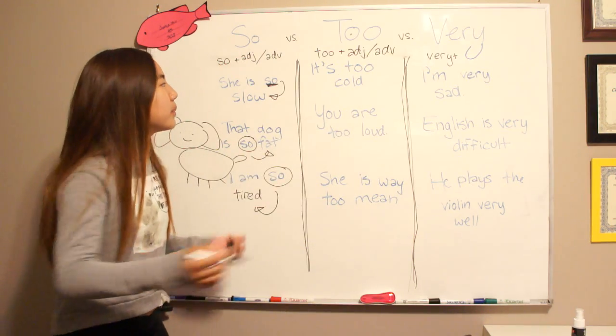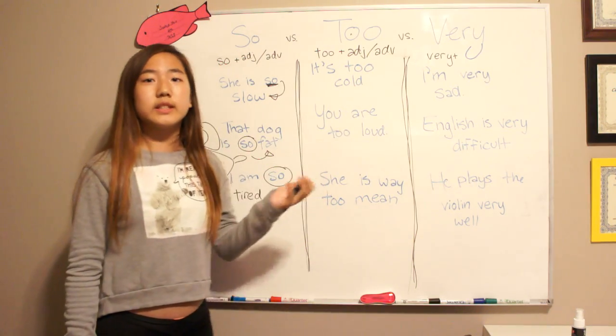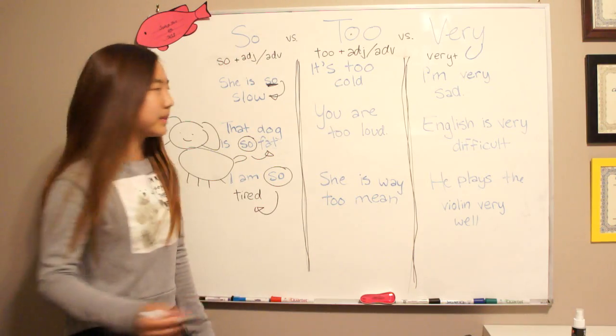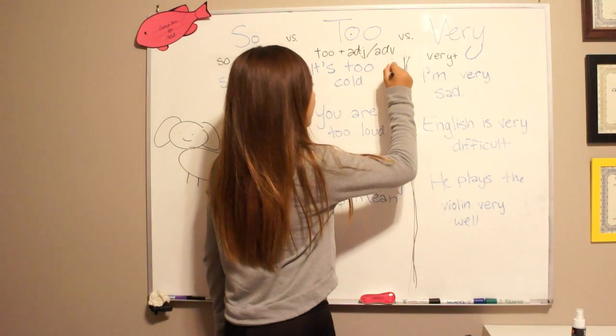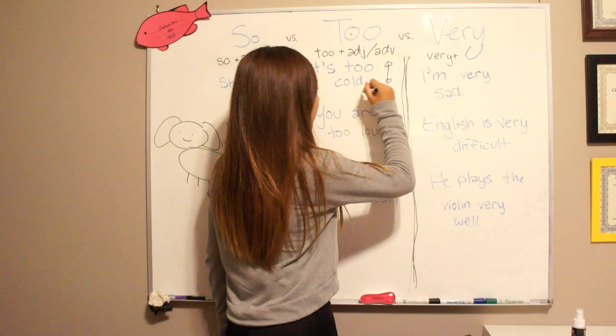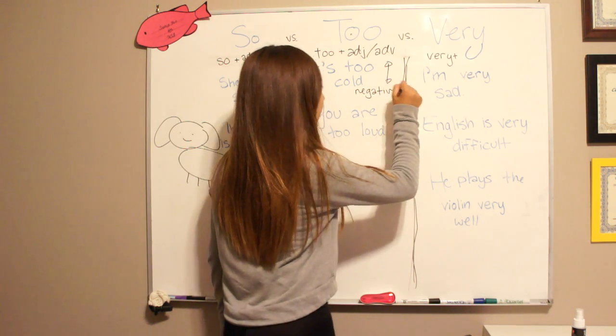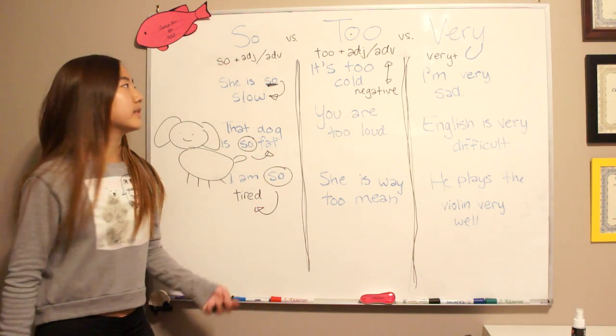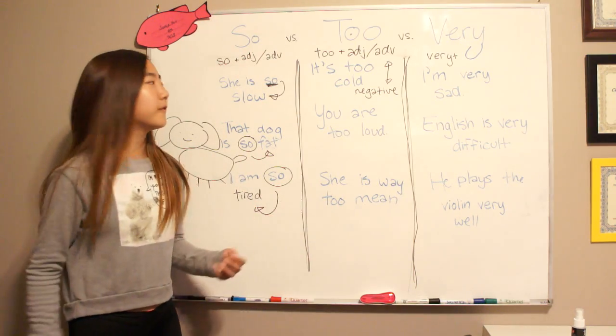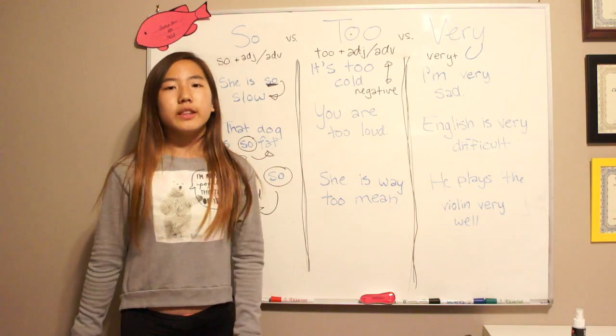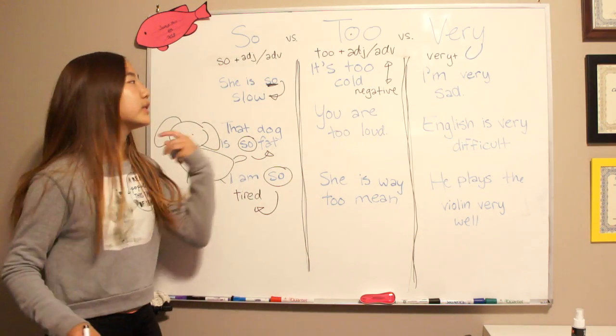So it's similar, but this one, to, is used in a more negative aspect. Like, it's too much of something. It's more than enough. It's too cold. Not just it's cold, but it's too cold.